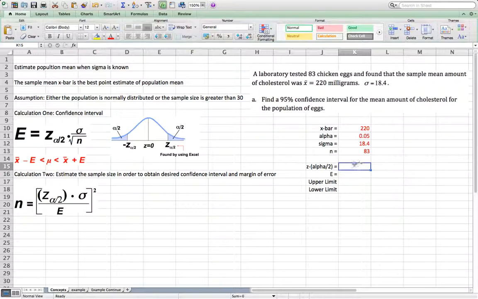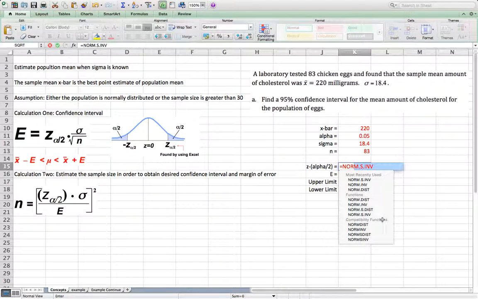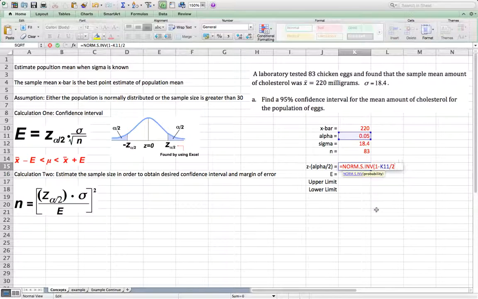We know all this information, so we first calculate z alpha over 2. Z alpha over 2 is the z-score such that this tail is alpha over 2, so whatever is on its left side will be 1 minus alpha over 2. So we use the normal standard distribution inverse. The probability is 1 minus alpha over 2. Alpha is in K11, so 1 minus K11 divided by 2.